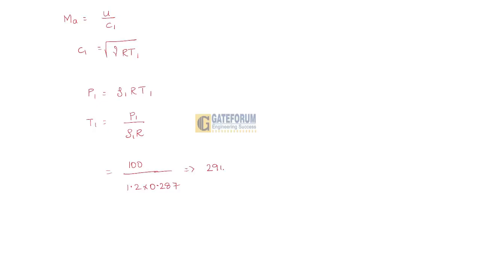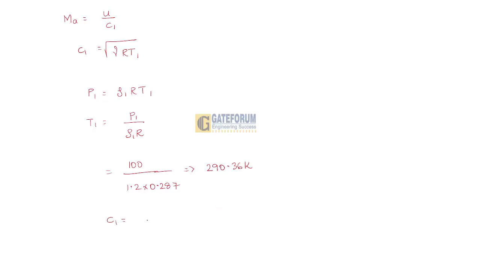Mach number plays a very important role, which will be U by C1, where C1, the velocity of sound, is root of gamma R T1. P1 equals rho 1 R T1, so T1 is equal to P1 by rho 1 R, which is 100 by 1.2 into 0.287, giving a temperature of 290.36 Kelvin.